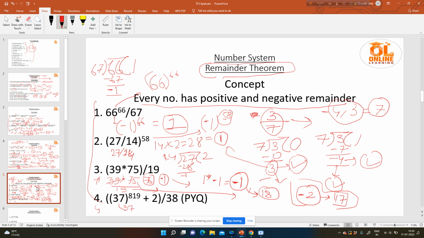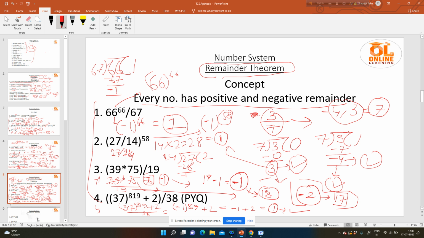We will get minus 1 to the power 819 plus 2. Minus 1 to the power an odd number is minus 1, so we will be getting minus 1 plus 2. Our remainder will be 1, right?